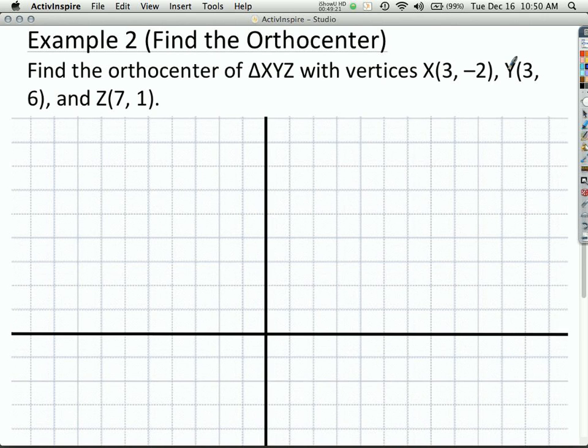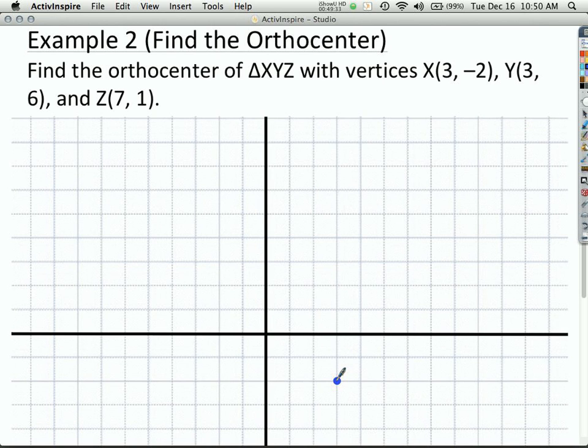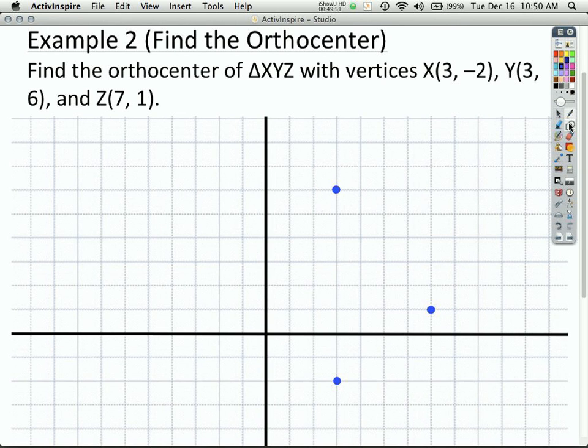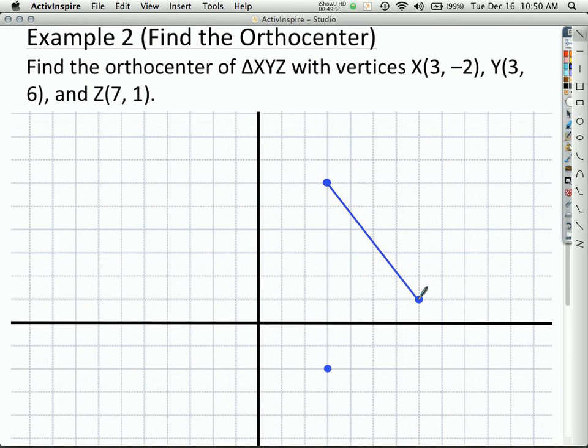And I apologize that Y's coordinates jumped to the other line. Y is at (3, 6). Okay? So (3, -2), right there. (3, 6): 1, 2, 3, 4, 5, 6, right there. And this is a triangle, so we'll connect the points to form a triangle. Please be as accurate as possible when drawing a triangle.